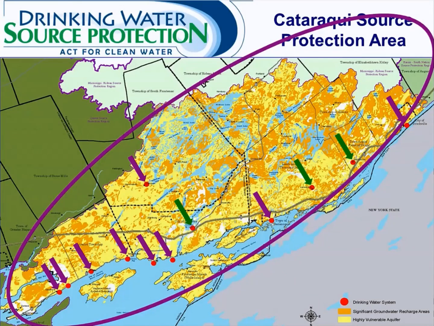The entire area is characterized by thin soils and fractured bedrock, so that any water and pollutants on the ground surface can easily soak in and potentially affect drinking water sources. The sensitive groundwater areas are not linked to any particular drinking water sources, but they are important for rural populations on private wells. The Cataraqui Source Protection Plan includes consideration of protection measures for these areas.